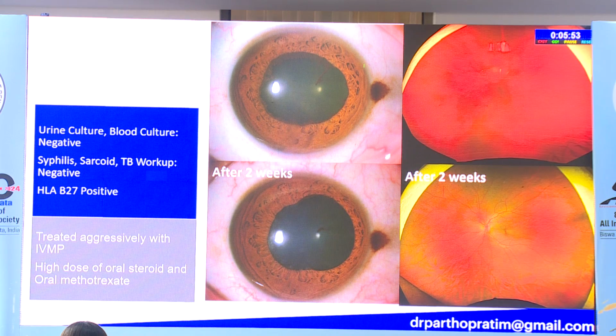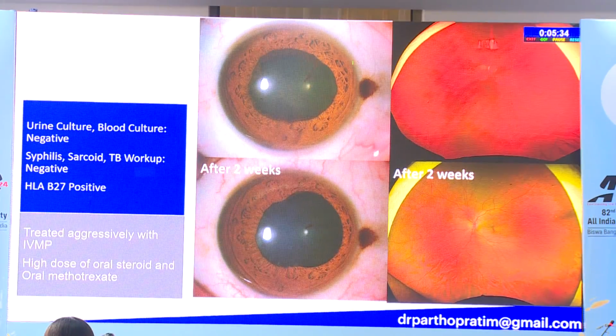Now here we did the urine culture and blood culture, everything was negative. Syphilis, sarcoid and TB workup was negative, but HLA-B27 was positive. The patient was treated aggressively with IVMP and a high dose of oral steroid, followed by methotrexate, and you can see the response after a course of pulse corticosteroid.